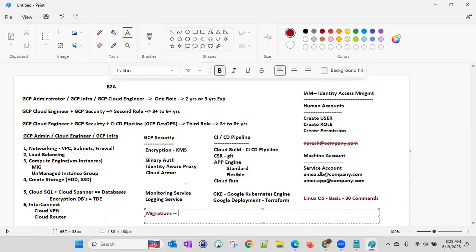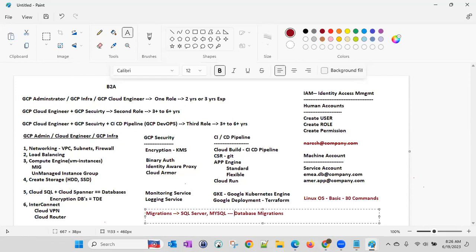Migrations are very important, for example, database migrations. I will teach SQL Server, one database, and MySQL, another database. I'll show you both.